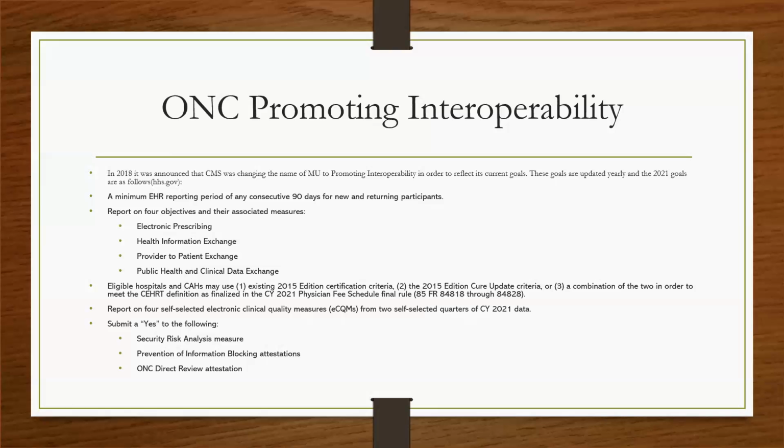You might see that going away as it updates from year to year and new requirements are met. It does need to report on 4 self-selected electronic clinical quality measures from 2 self-selected quarters of the 2021 calendar year. And then it has to submit yes to the following: that it has done a security risk analysis measure, prevention of information blocking attestations. That means it's not doing anything to prevent patient data from being received.